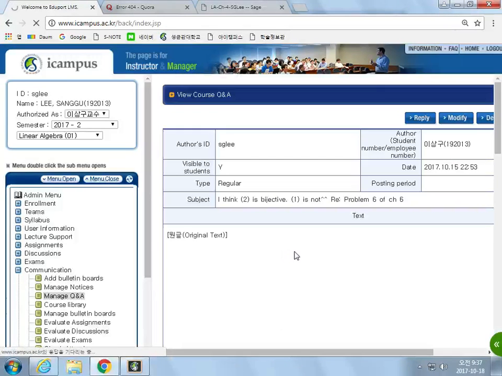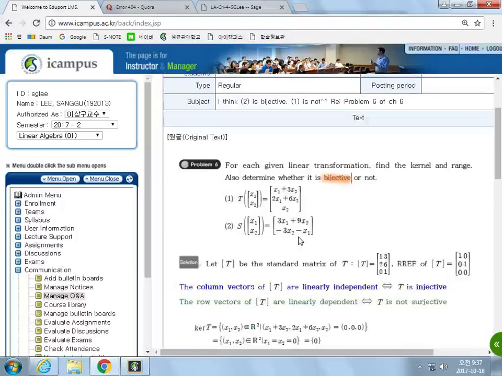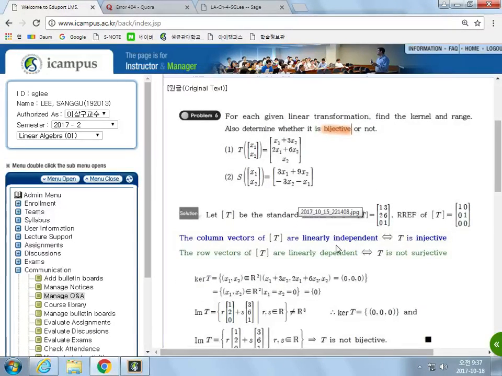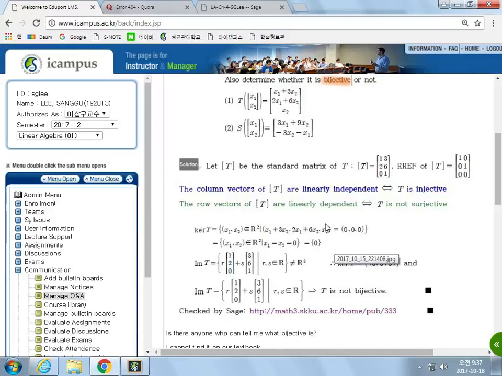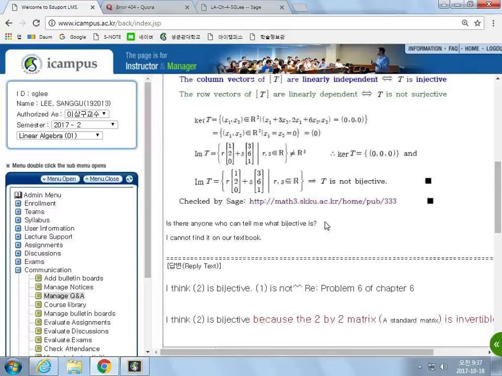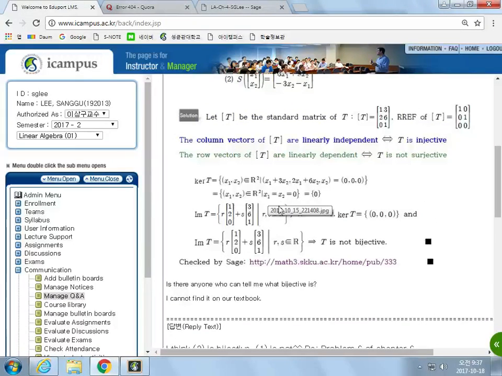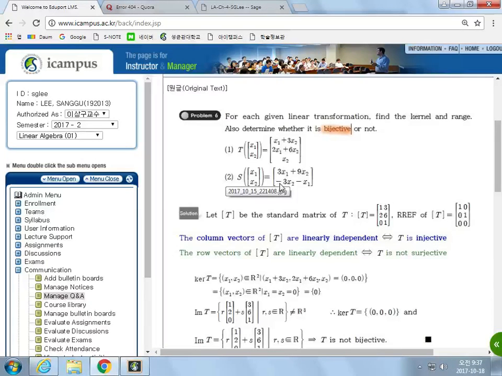Here, Miss Kim Ji-yoon, you asked which one is bijective, injective and surjective. So do you understand why? You showed this is not bijective, and why is the second one bijective? Now everybody understands how we show whether a given function is a linear transformation or not.